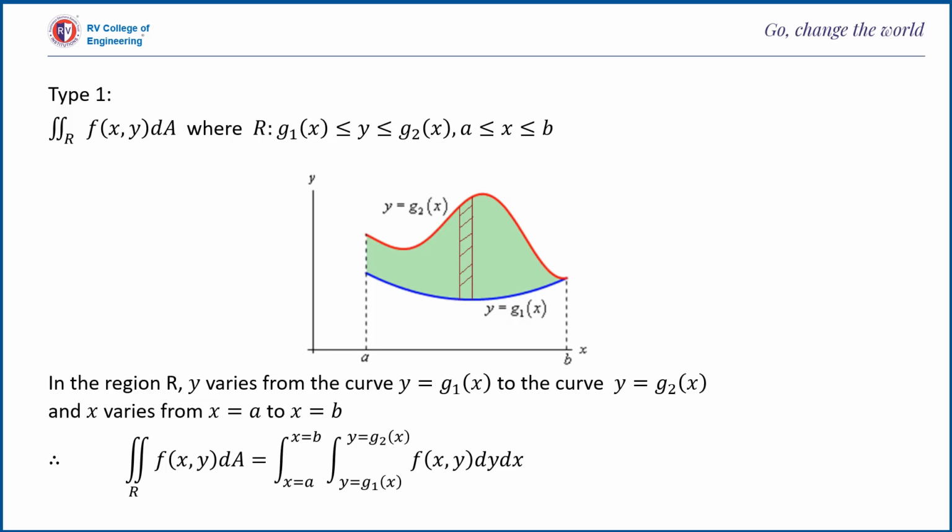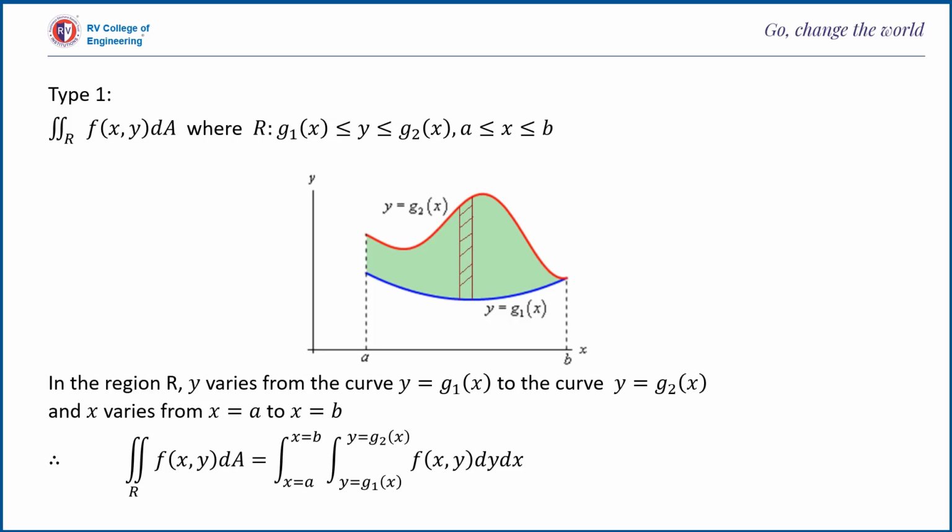Now the inner limit is the variable limit and it is for the variable y. So y varies from g1 of x to g2 of x and the outer limit is a constant limit, that is x equal to a to b.